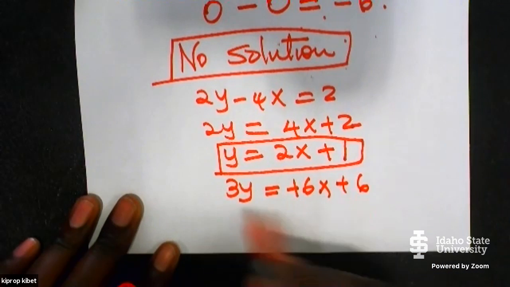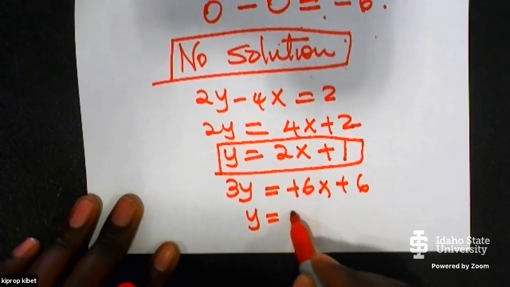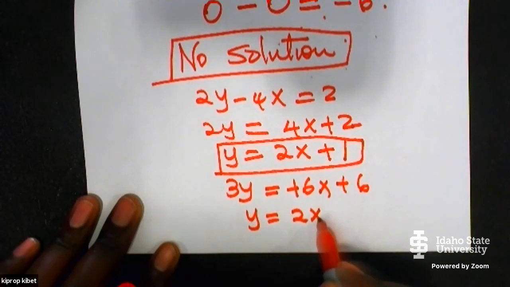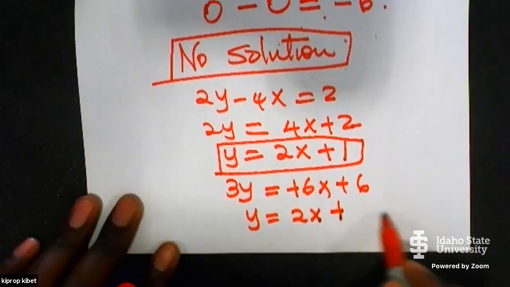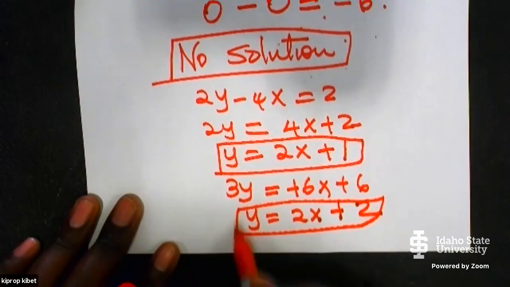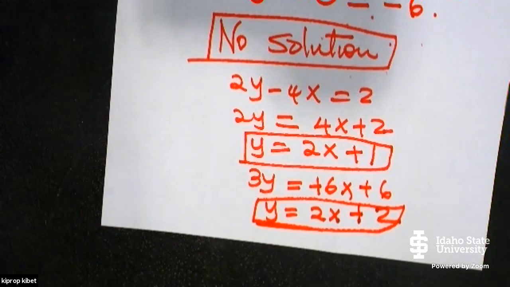So when we divide, we get y equals 2x plus 2. So there, the gradients are the same. So it forms parallel lines. When the lines are parallel, you cannot get a solution of the system.